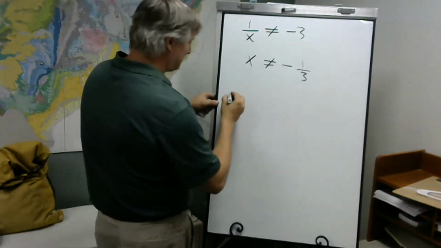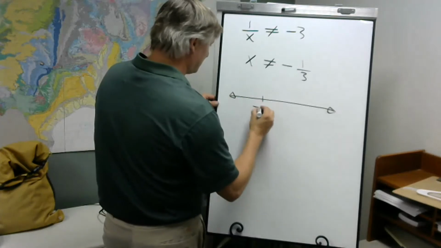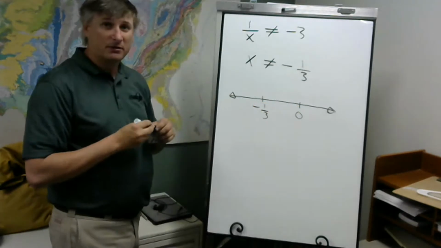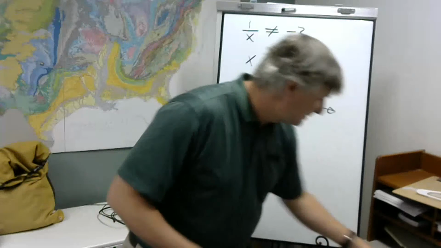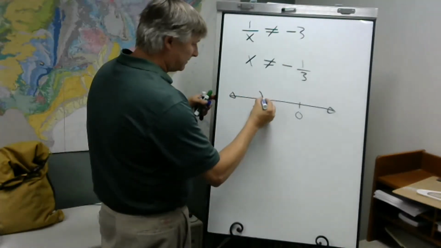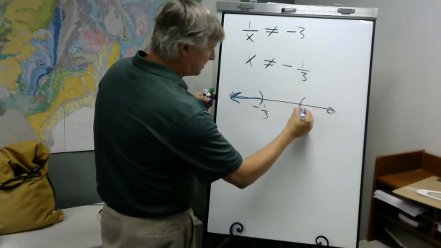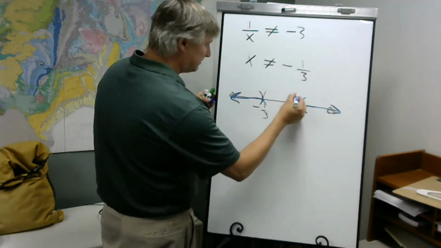So what we end up getting is -1/3, 0. We don't want to keep -1/3, but we can take everything below it. We don't want 0, we want everything above it. And we can take what's in between.